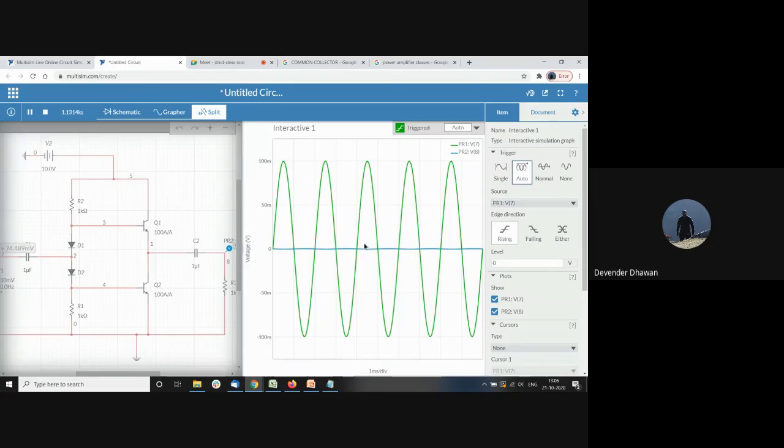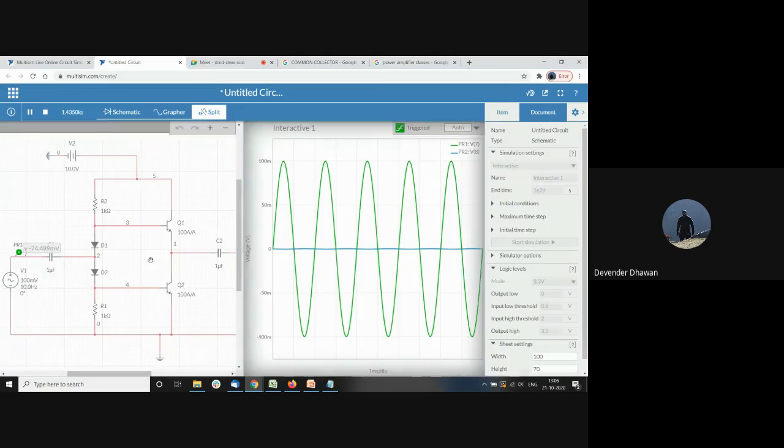So we have some signal here which is a very low frequency signal.